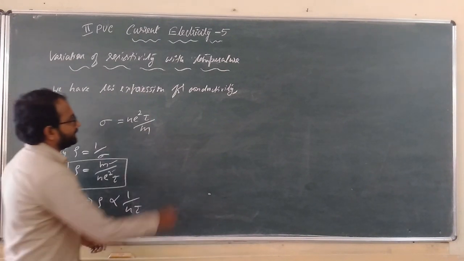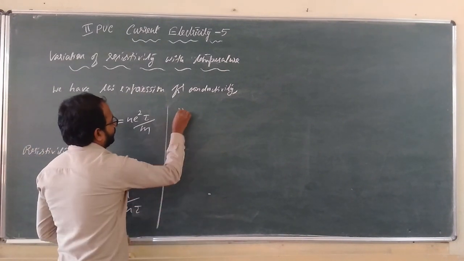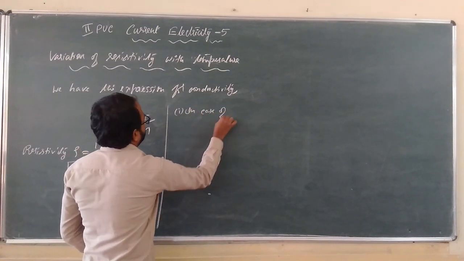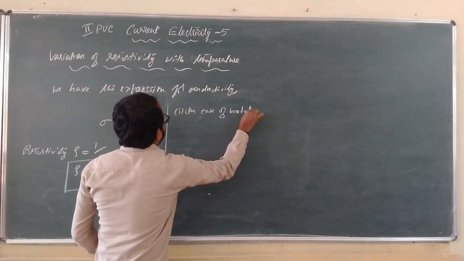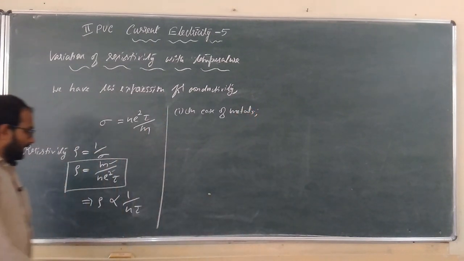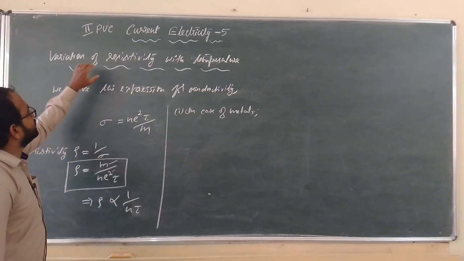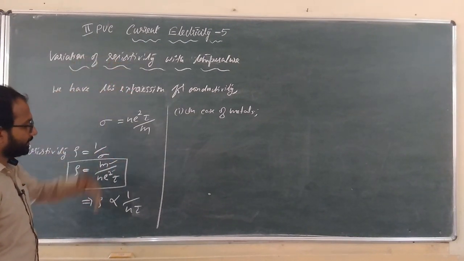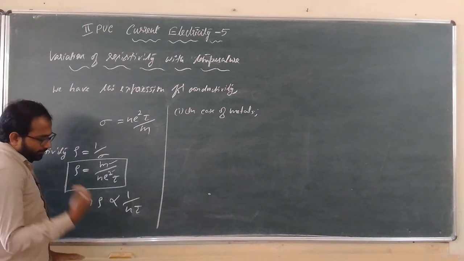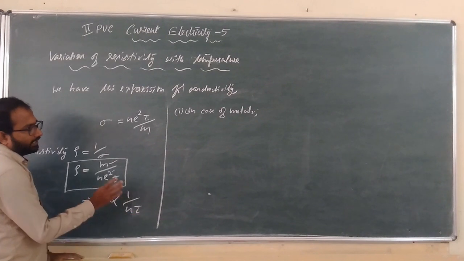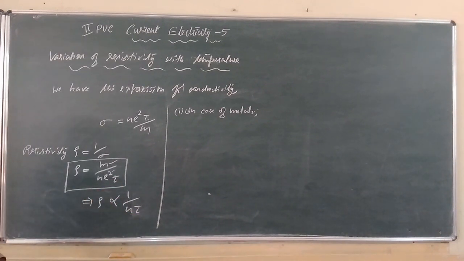So in case of conductors or metals, as the temperature is increased, we are discussing the variation of resistivity with respect to temperature. If temperature is increased, what happens to the relaxation time in case of metals?